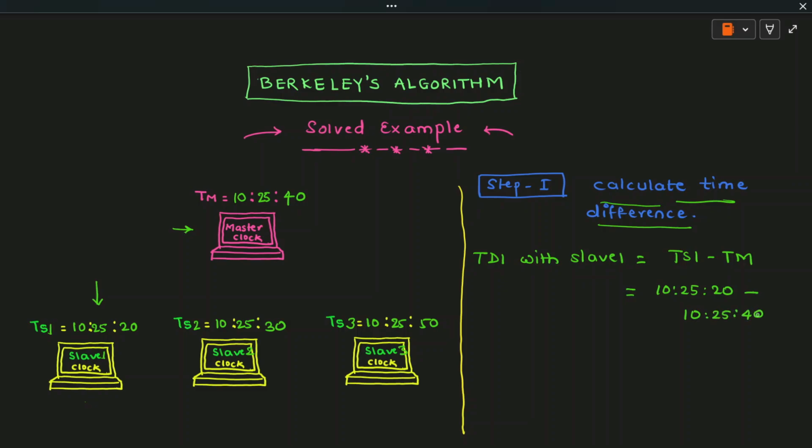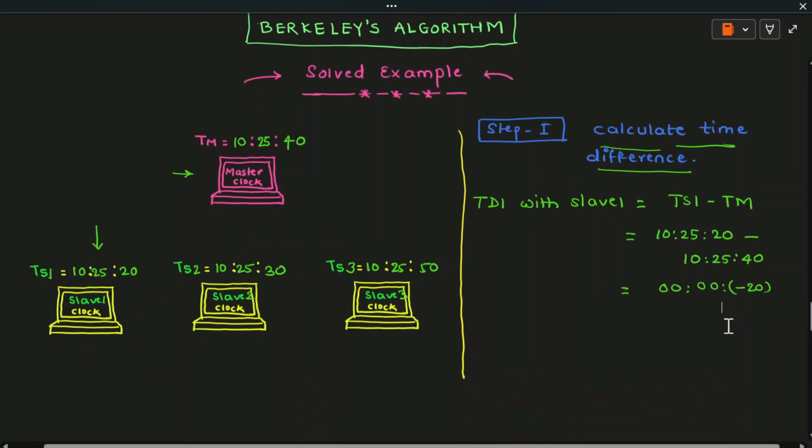So let us do the calculation. The value that we get here is 0 hours 0 minutes and minus 20 seconds. Time is never negative, but this difference can be negative. So minus 20 seconds is what we are getting.